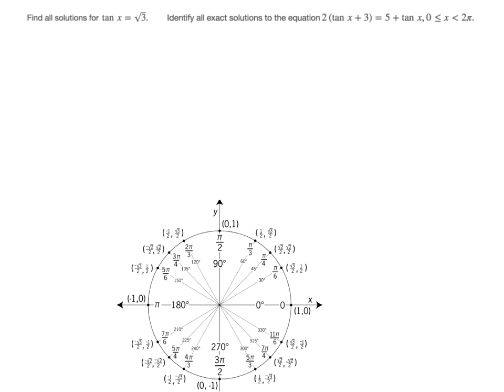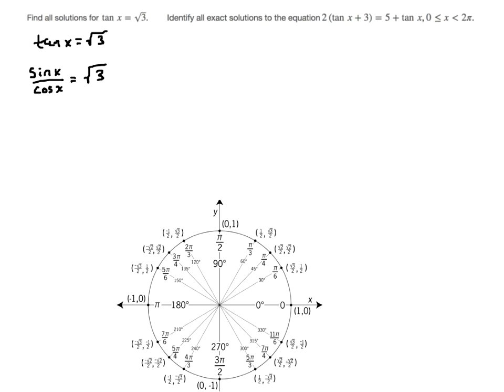Okay, so just a couple more to look at. So we have here the tangent of x equaling the square root of 3. And this one takes a tiny bit of cleverness. So we start out with tangent x equaling the square root of 3. Don't forget the tangent is the same thing as the sine over the cosine.